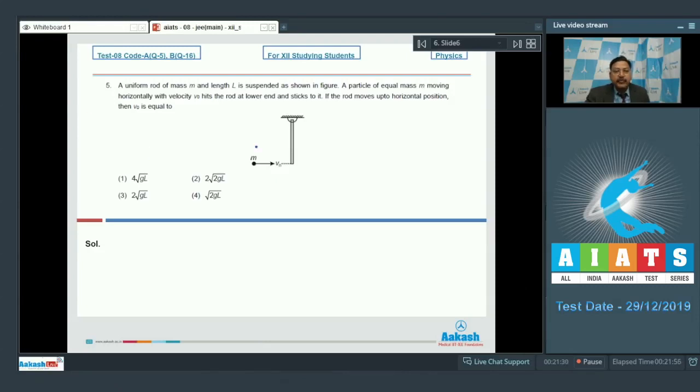So let's write the first equation for conserving angular momentum about the hinge, and that will give us the angular momentum before the collision as mv0 L. So mv0 L is the angular momentum before collision, and after collision it is I into omega, where I will be, for the rod itself it is ml square by 3, and for the particle it is ml square into omega.